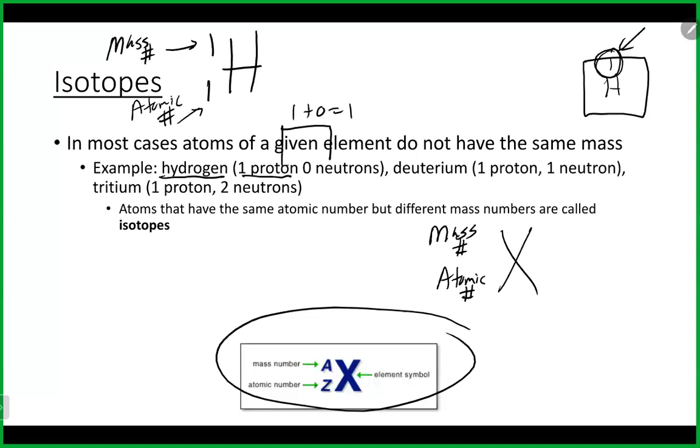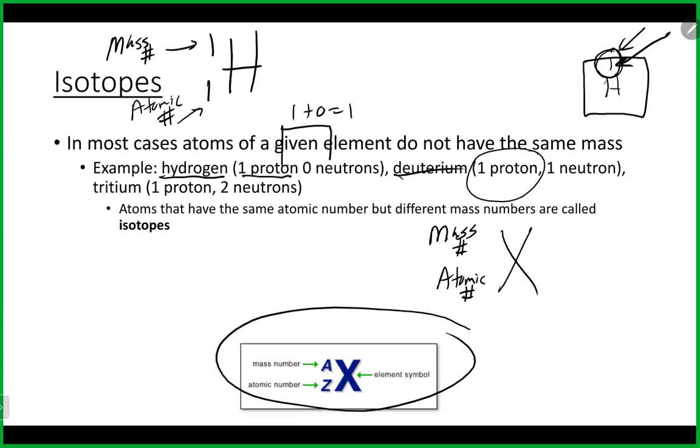Now you come to this guy and go, deuterium, maybe even cross it out like I did there. You go deuterium and go, I don't know what element that is. You should know what element it is because it tells you it has how many protons? 1. And the number of protons is the atomic number, which means all you have to do is go to the periodic table and find number 1.